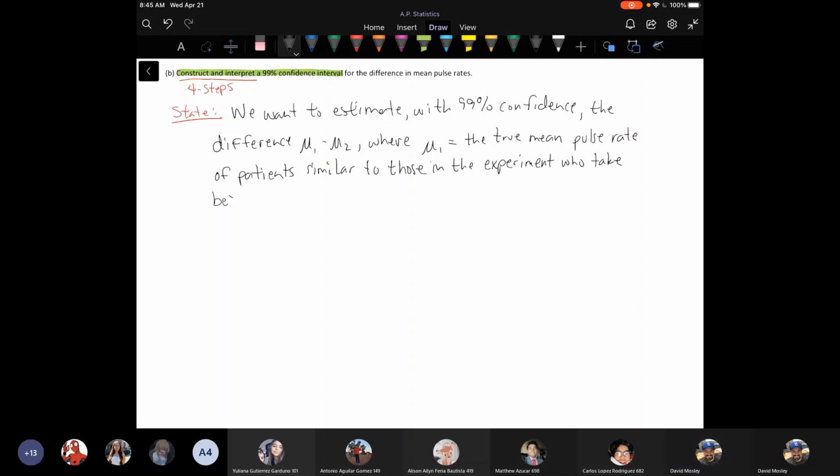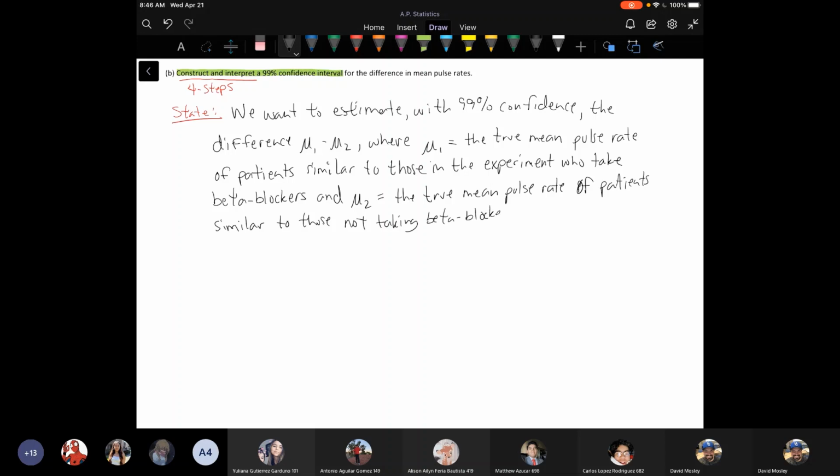You take beta blockers, and mu sub 2 is the true mean pulse rate of patients similar to those not taking beta blockers, or taking the placebo.